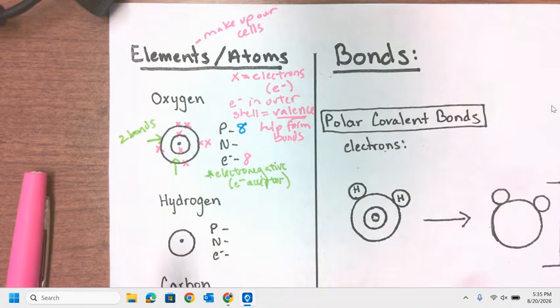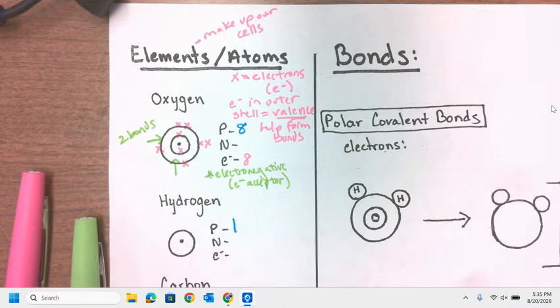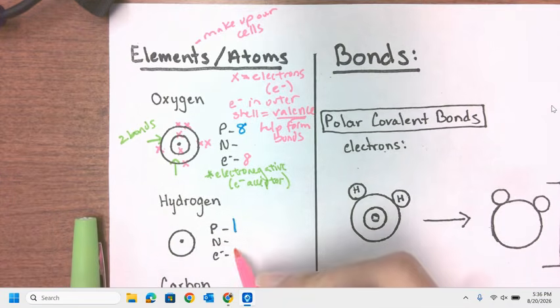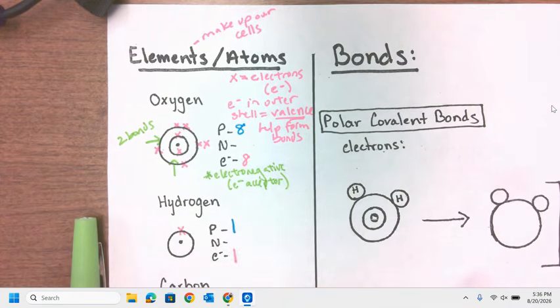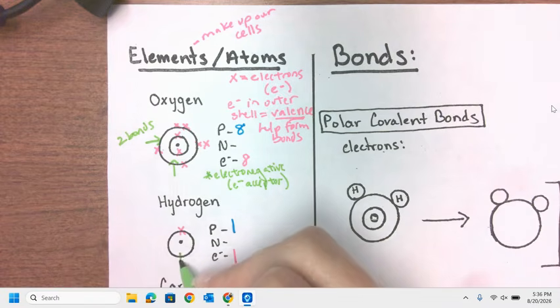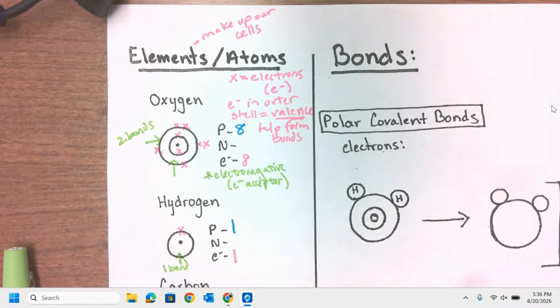If we look at hydrogen, hydrogen has 1 proton and 1 electron. Protons in the nucleus, the electrons out here. So hydrogen usually likes to form 1 bond. Also, hydrogen can easily be split to separate the proton and the electron.